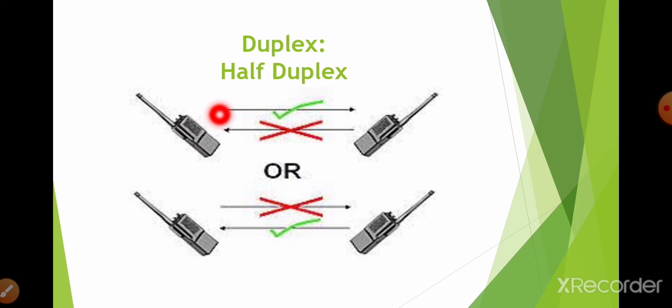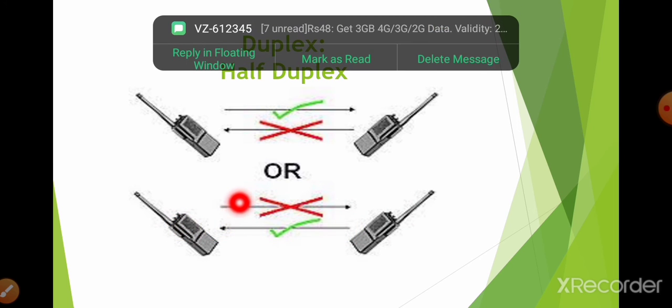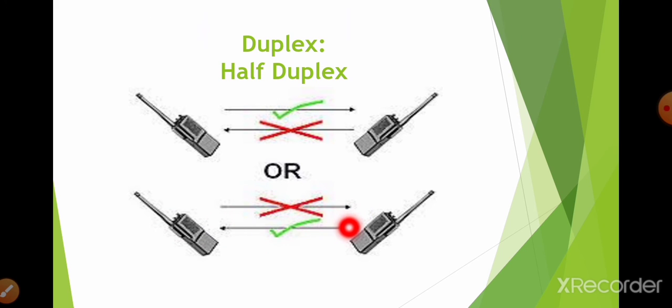That means transmission takes place in this direction at a time, not in that direction. See the second figure, when this walkie-talkie transmits the data towards this one, this walkie-talkie remains idle, it cannot retransmit. Again the transmission takes place only in one direction.